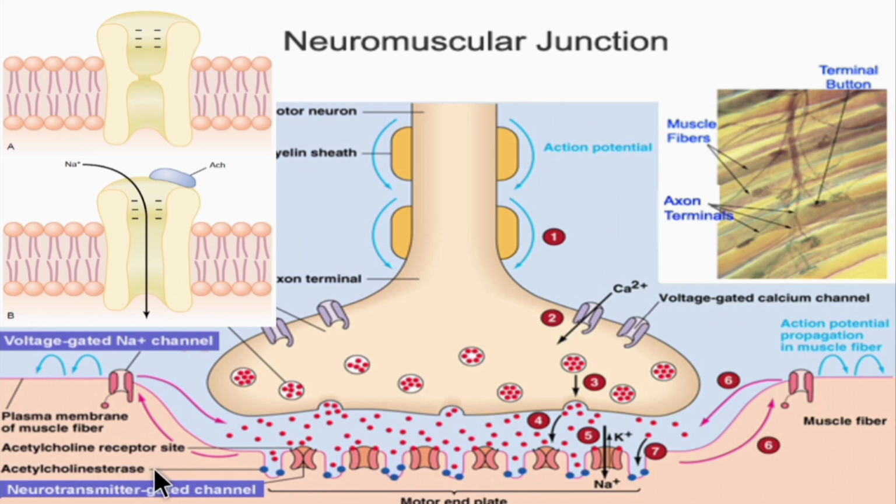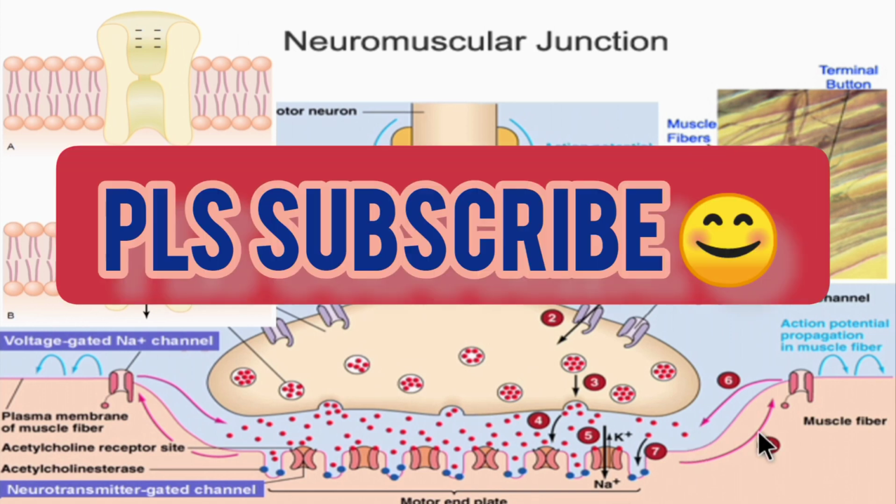This blue colored enzyme is acetylcholine esterase, and it inactivates the acetylcholine and converts it into acetyl-CoA and choline, which are then taken up by the axon terminal and recycled. So, in this way neuromuscular transmission has taken place and an impulse has been transmitted from the axon terminal to the muscle fiber membrane or sarcolemma.